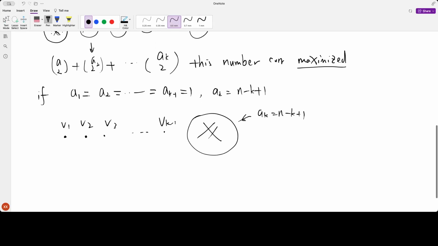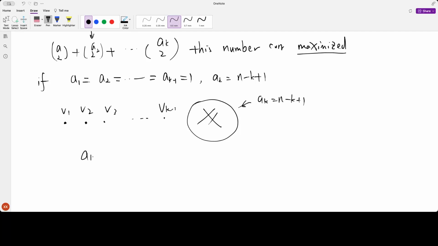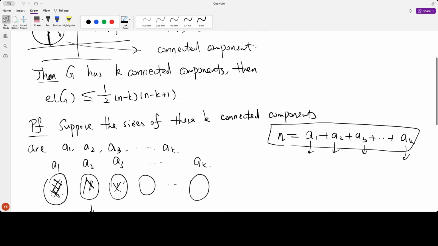So in total, the edge number is Ak choose 2, which is n minus k plus 1 choose 2, which equals 1 over 2 times n minus k plus 1 times n minus k. Did I write this number? Yeah. Okay? So it is actually n minus k plus 1 choose 2.